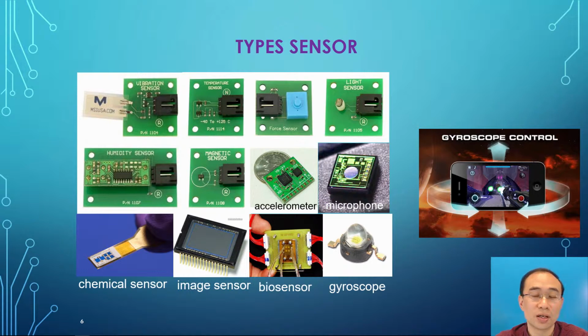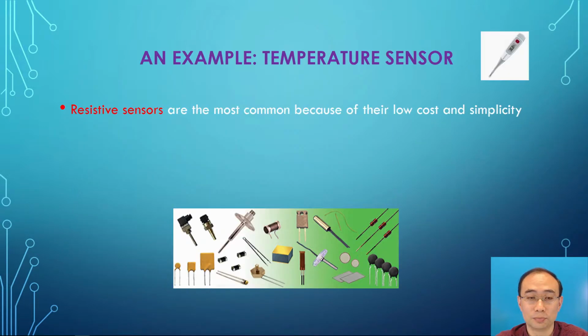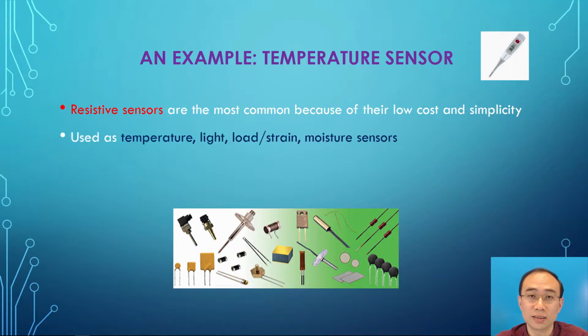The next question is, how can we build a sensor? Resistive sensors are the most commonly used sensors because of their low cost. How does it work? Basically, the resistance of the resistive sensors will change according to the environment.